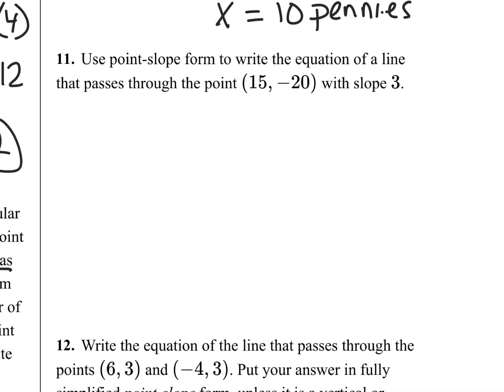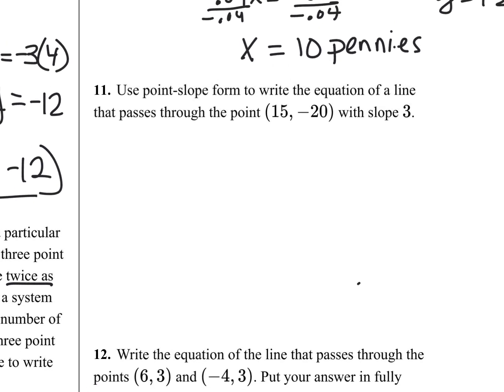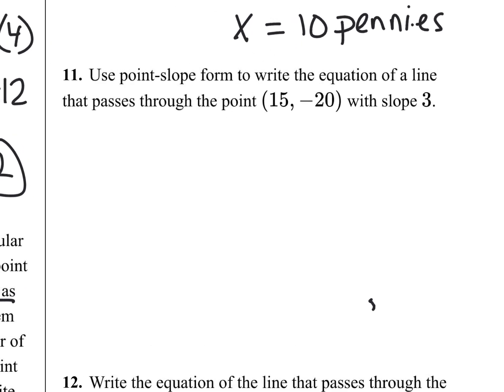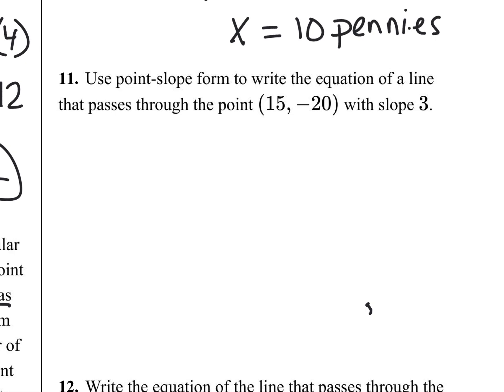I also threw in a couple of questions from the Chapter 4 test, just to keep you on your toes. Use point slope form to write the equation of a line that passes through the point 15, negative 20, with a slope of 3. So it said just use point slope form. So that's the only form we're looking for. So it's y minus y1.